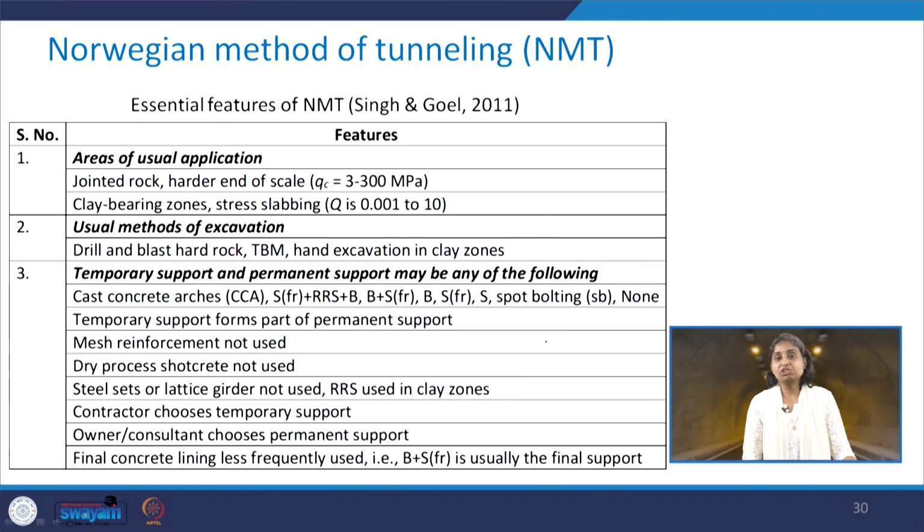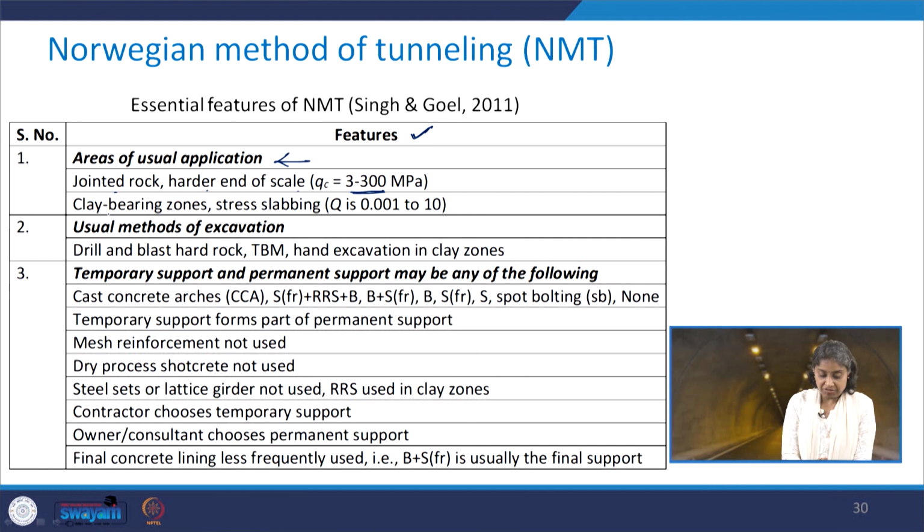Coming to the essential features of the Norwegian method of tunneling, the features include that there can be areas of usual application where jointed rock, at the harder end of the scale, has UCS varying between 3 to 300 megapascal.